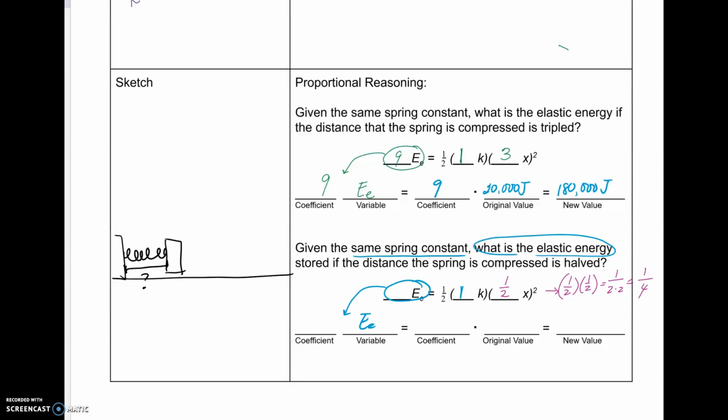Therefore, 1 times 1/4 is going to give us 1/4. And our coefficients will also be 1/4. So 1/4 times our original value, which is 20,000 joules. So 20,000 divided by 4 will give us 5,000 joules.